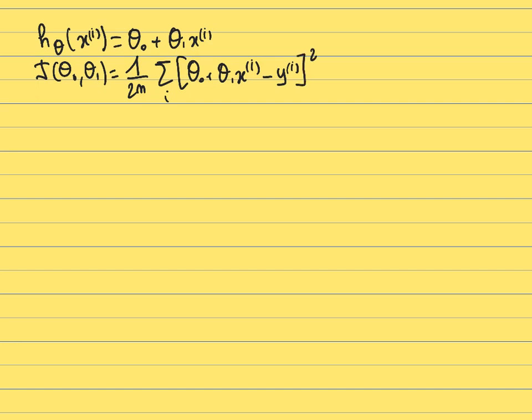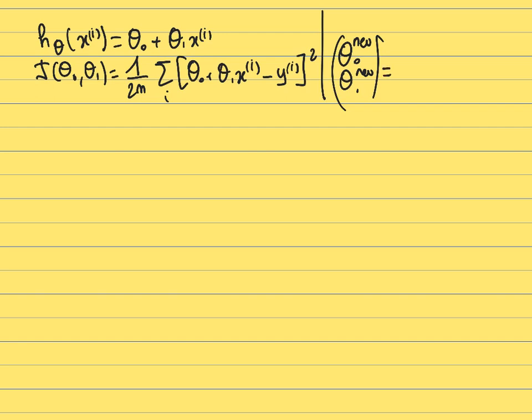So then in the case of gradient descent, what we saw is that at every step you are going to get the new values for theta naught and theta 1. So this is like a vector. This is a position.